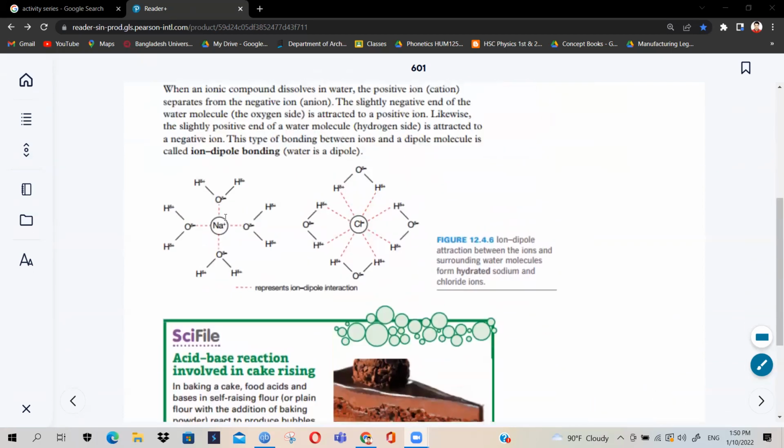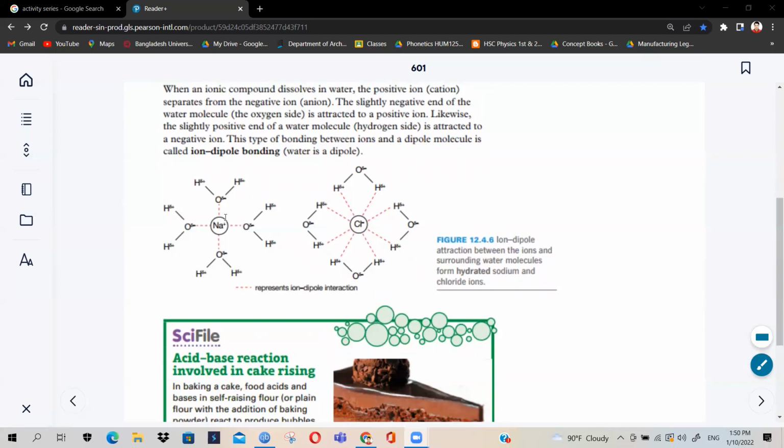So if I briefly say it to you again: first things first, there has to be a dipole. What is a dipole? A dipole means a compound that has a partially negative side and a partially positive side.